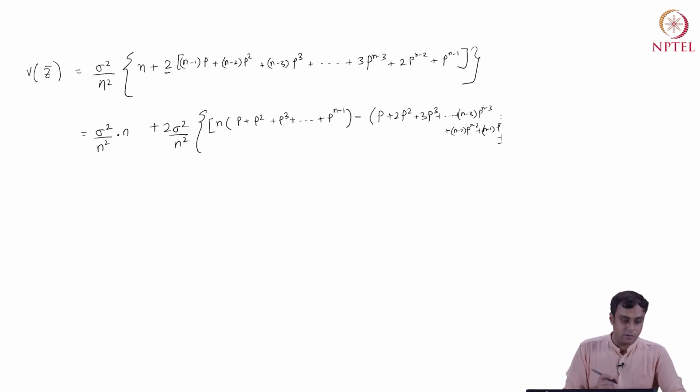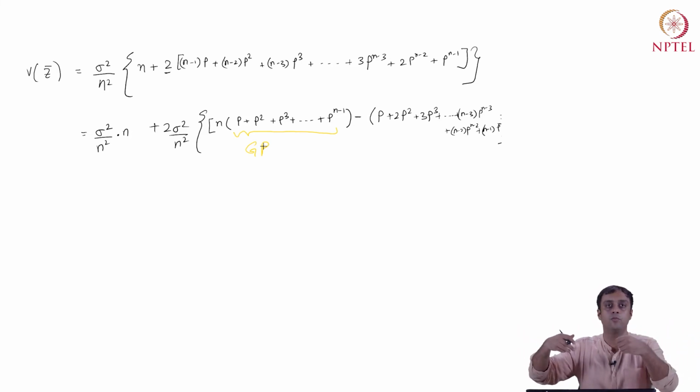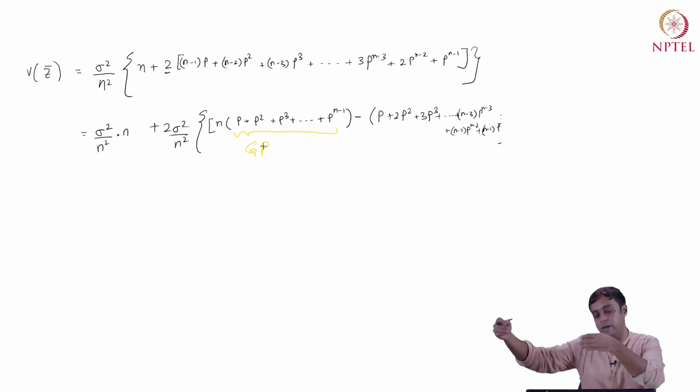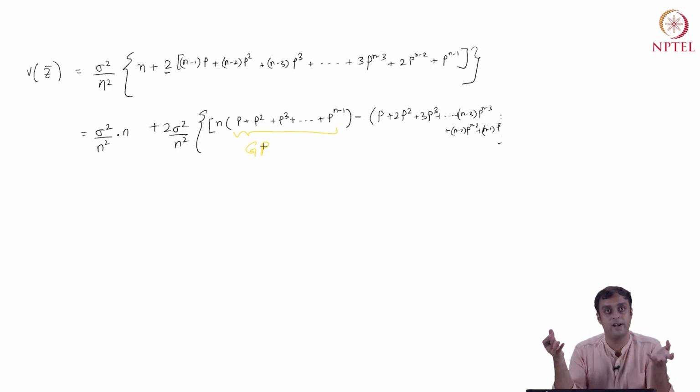Okay, so now it turns out that this first series is nothing but a geometric progression. So we have rho just increasing geometrically as a sequence. So you have rho squared, rho cubed, rho to the power 4, all the way till rho to the power n minus 1. So you have a sum of a geometric progression, right?